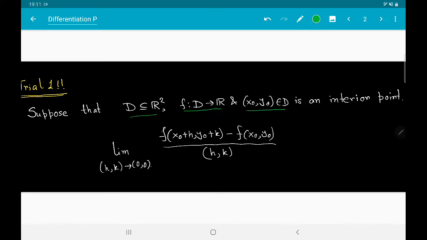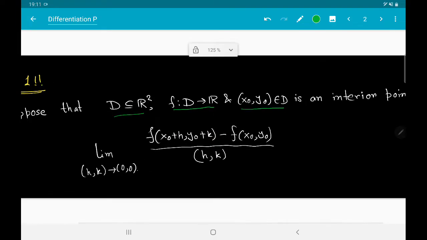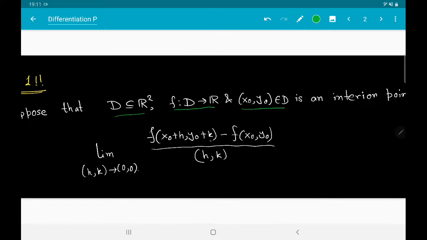Now a straightforward generalization of the definition of differentiability in functions of one variable would lead us to the following expression. We will take f of x0 plus h comma y0 plus k minus f of x0 y0 divided by the tuple (h, k), and we are going to consider the limit as (h, k) goes to (0, 0).